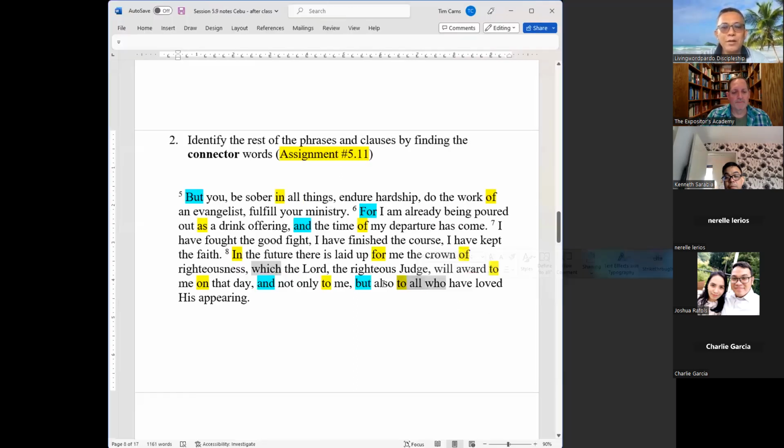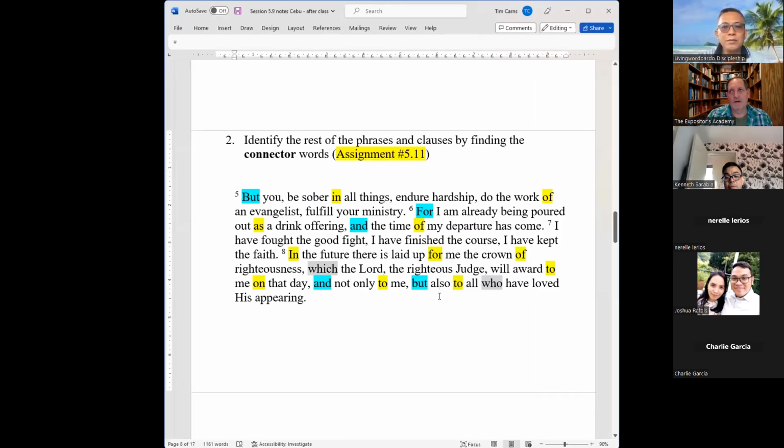So it's not a connector word in this case. It's a modifier. I usually just include it in the phrase or clause for the sake of being simple. Pastor Tim, yes. So technically it goes with but here.